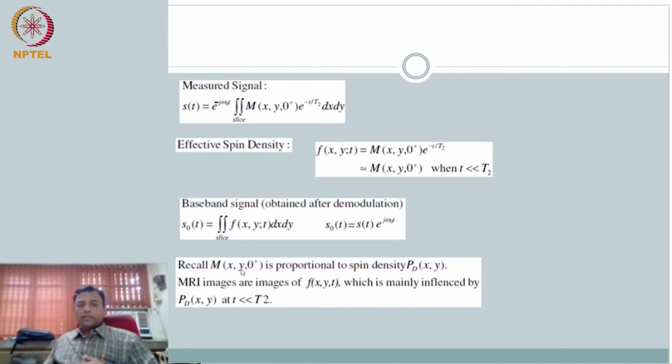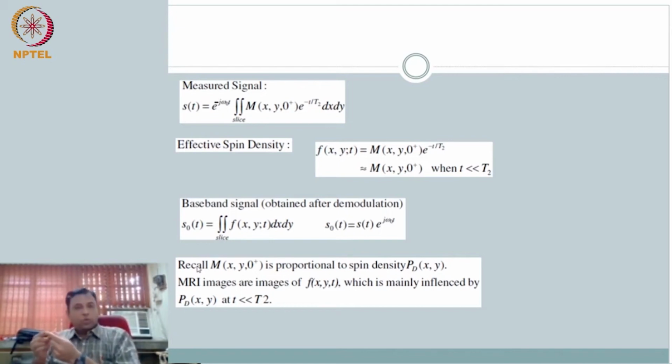So we know this Mxy is proportional to your PD, and the MRI signals we are measuring are therefore mainly influenced by PD in the signal equation that we have shown. What is the intuition behind this? It is very common sense. If I have a larger volume, I will have more signal.